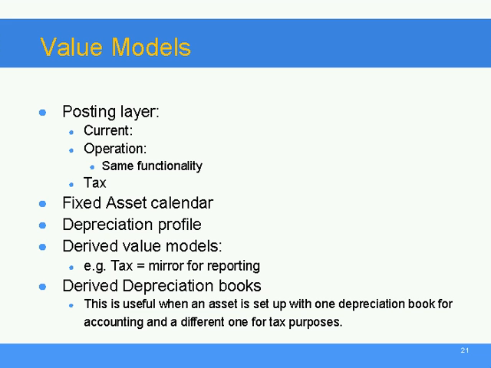So, for different value models, we can define post-inquiry, current, operational tax, different fixed asset calendar. We define depreciation profile. We can define derived value models for mirror purposes, for transaction, for reporting purposes. We can define derived depreciation books.